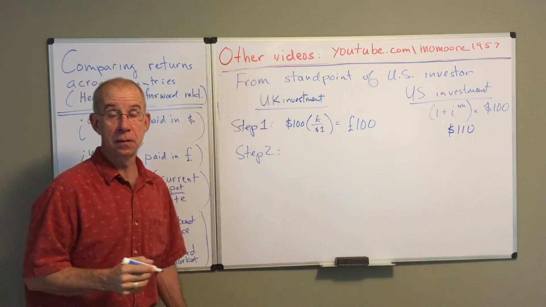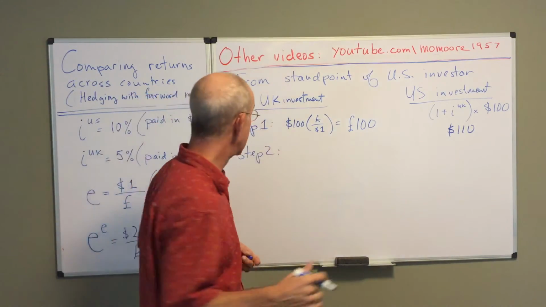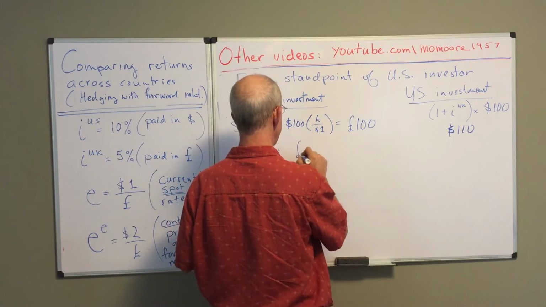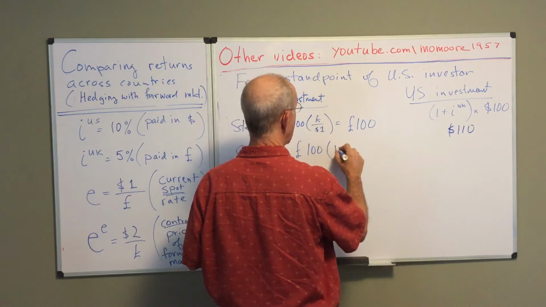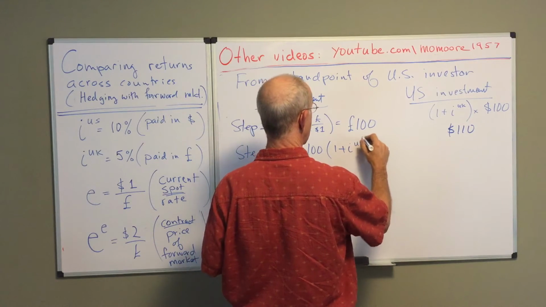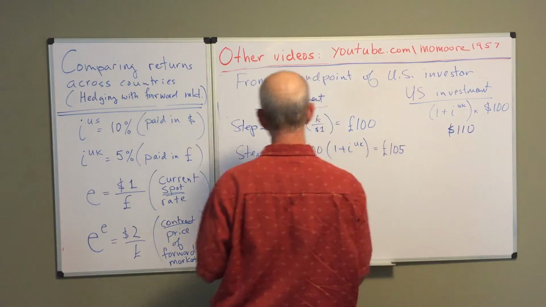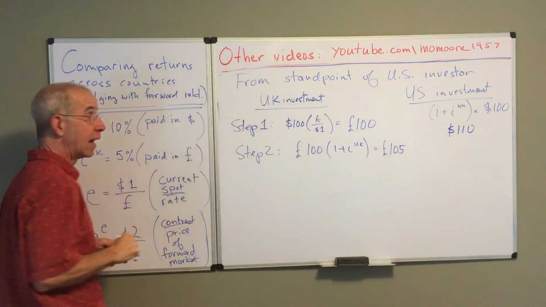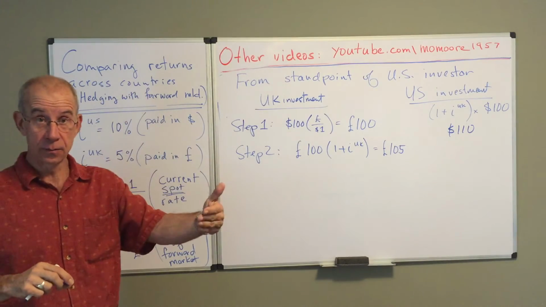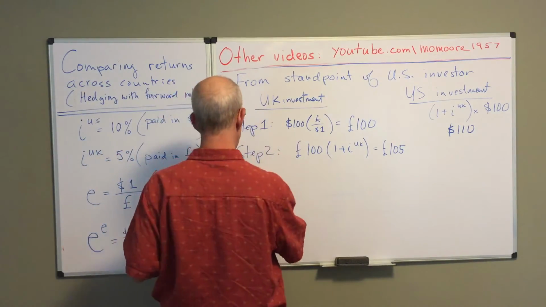Now, the second step, in the thinking of the U.S. investor, is they take the 100 pounds, multiply times 1 plus the UK interest rate, and what they're going to get is 105 pounds at the end of the year. Again, this is the thought process.